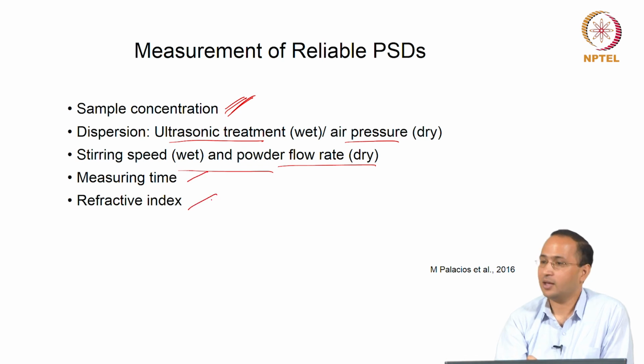Measuring time: for how long are you measuring your sample, is it 1 second, 2 seconds, 10 seconds, 30 seconds, for example? Usually laser diffraction is very quick, you get results in seconds. You also need to know the refractive index and the absorption coefficient, K, because that will affect your particle size distribution.